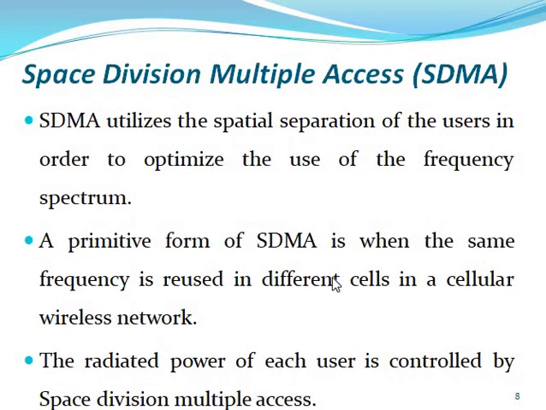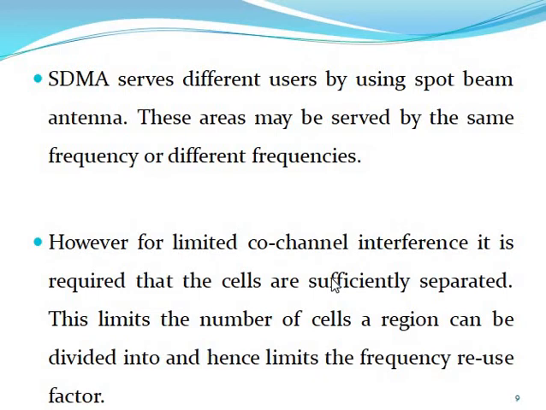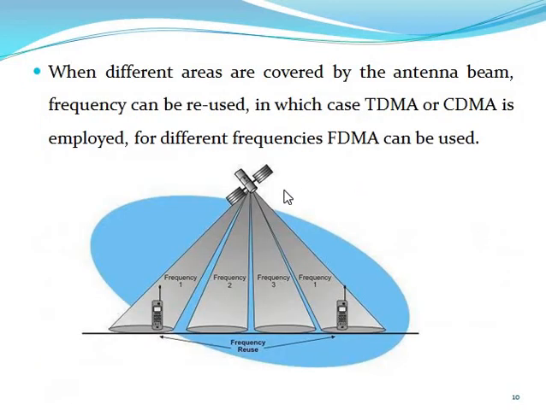Then comes space division multiple access. SDMA serves different users by using the slot beam of the antenna. This area may be served with the same frequency or a different frequency. So what is space division? This is one area of space, or you divide the space for a particular frequency band.